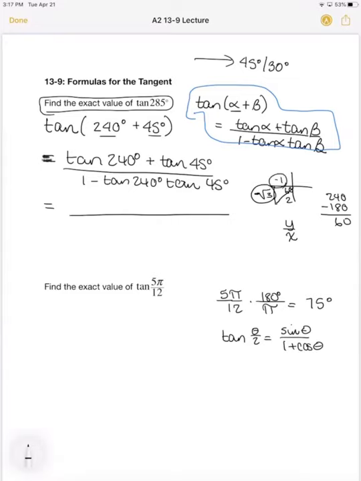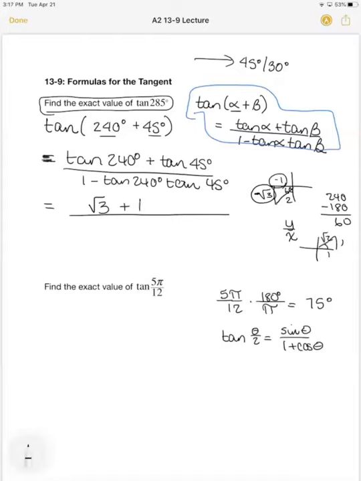And so the Y over X is simply going to be √3. I'm going to add to that the tangent of 45 degrees. Well, let's just do that real quickly. 45 degrees is a 1, 1, √2, and the tangent is Y over X, and it's a 1.